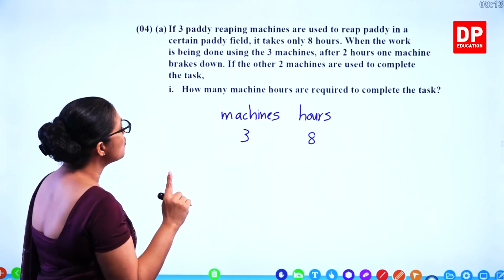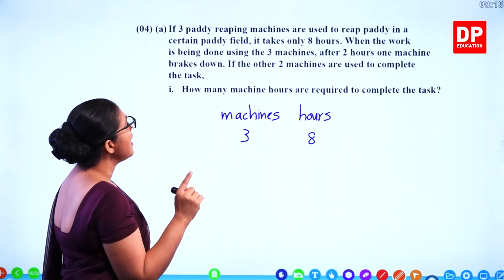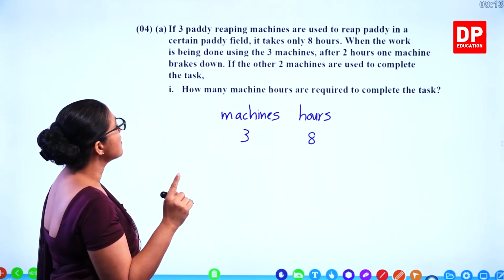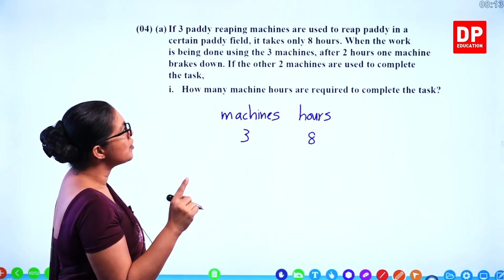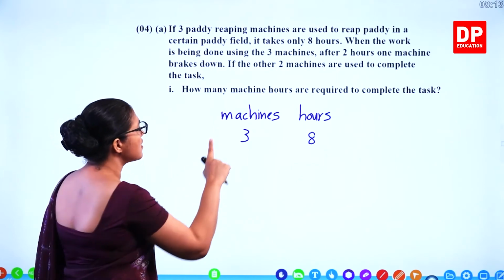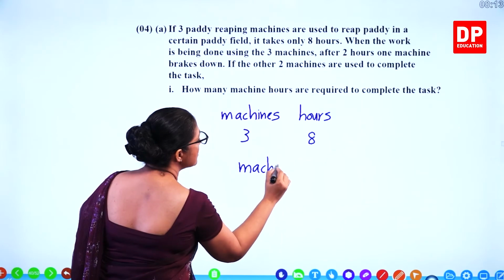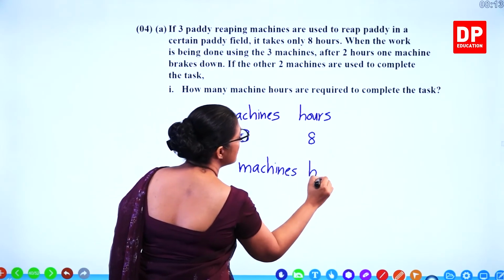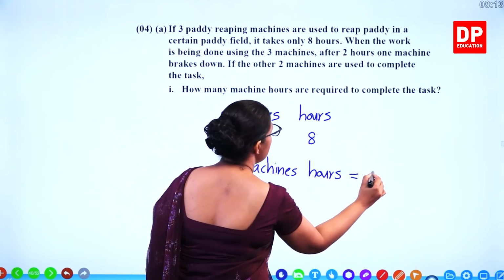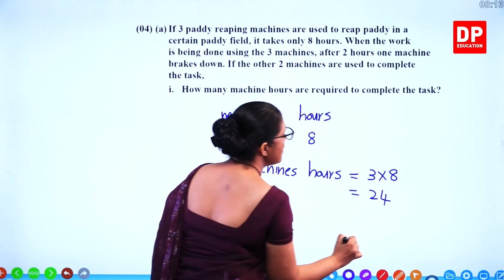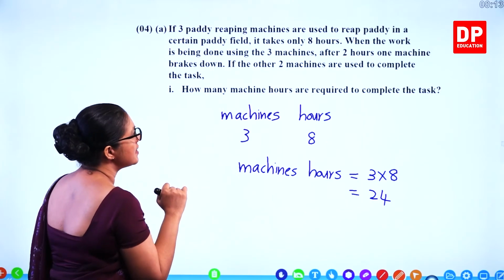After 2 hours, one machine breaks down. If the other 2 machines are used to complete the task, how many machine hours are required to complete the task? So just how many machine hours? Machine hours required is 3 times 8. 24 machine hours we need to complete the task.